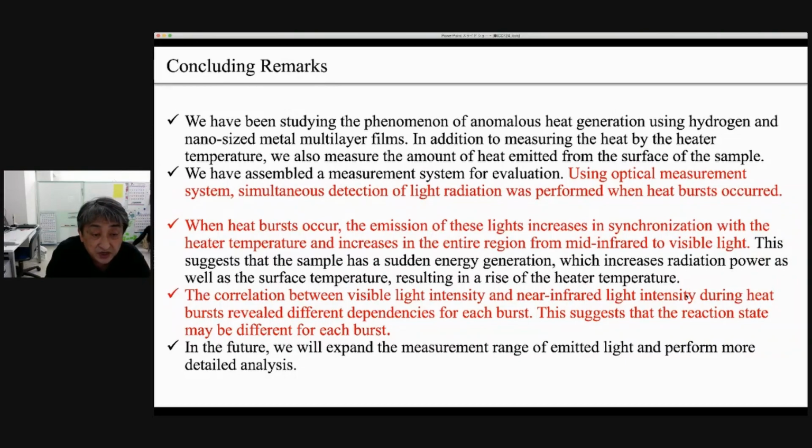And the correlation between the visible light intensity and near-infrared light intensity during the heat burst reveals different dependencies for each burst. This suggests the reaction state may be different for each burst. In future, we will expand the measurement range of emitted light and perform a more detailed analysis.